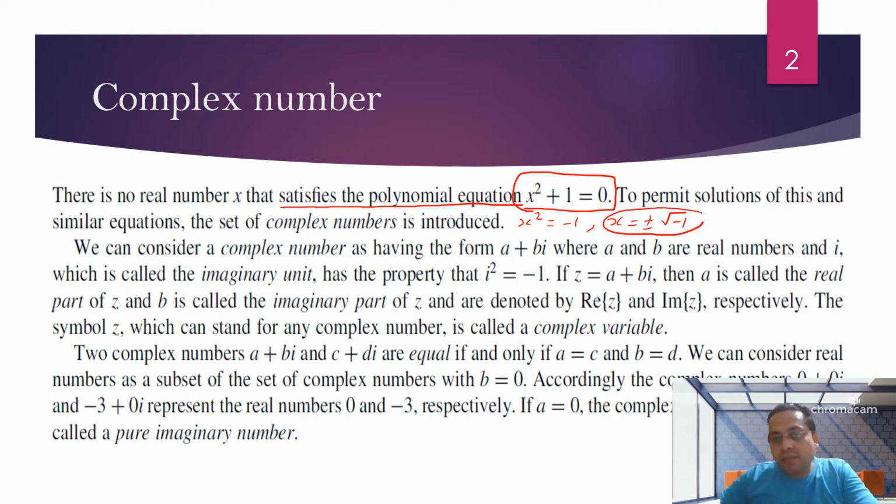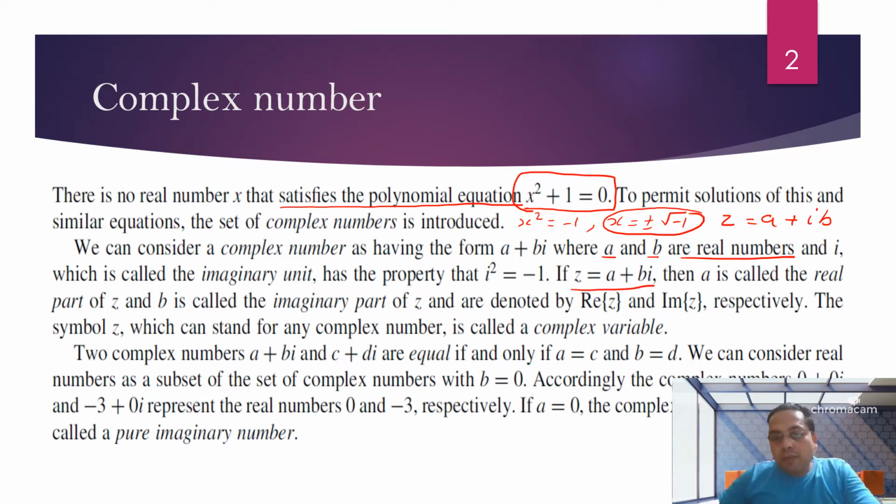Introducing the complex number from this problem, a complex number z is represented as a real part plus imaginary part, a plus b iota, where a and b are real numbers and z is a complex number.